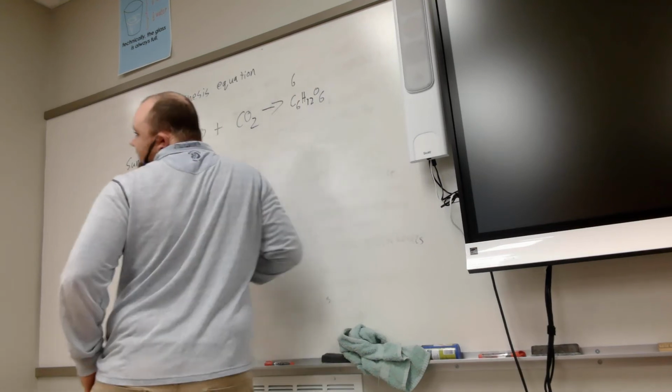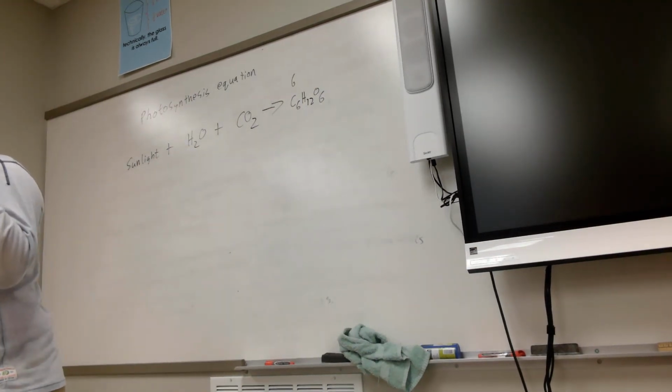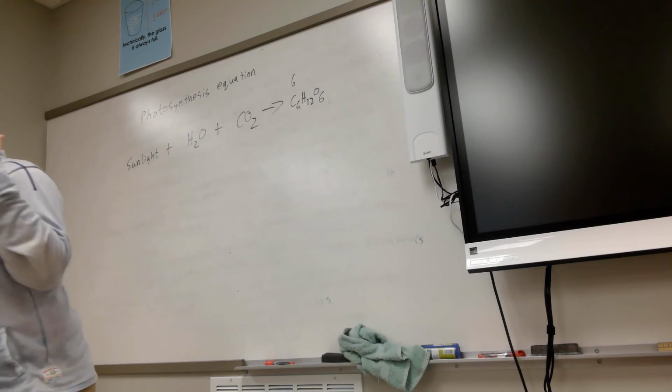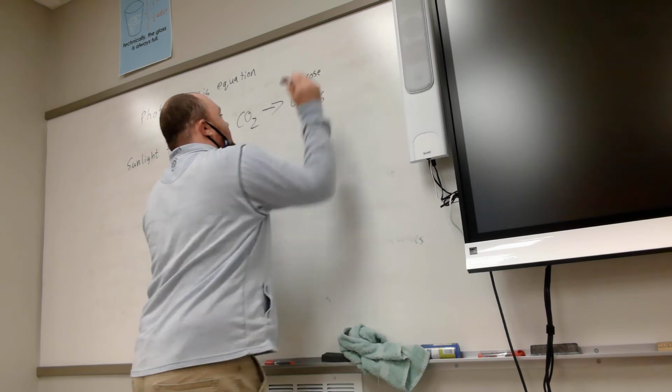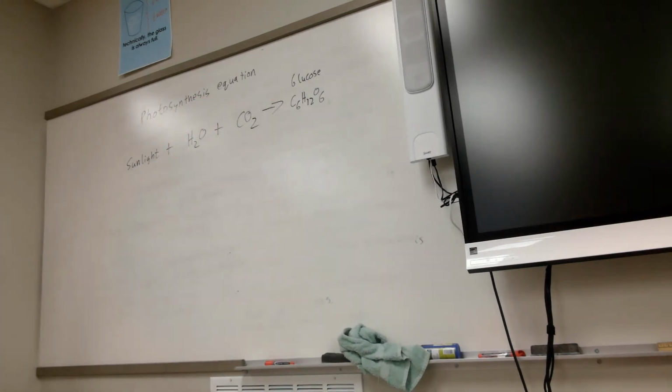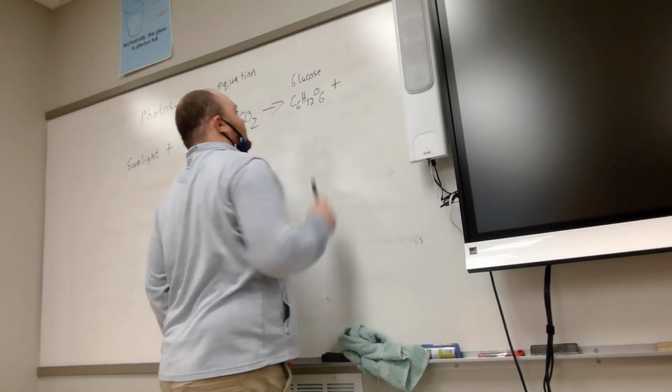You can write glucose above it, but you need to know that glucose is C6H12O6, because that's one of the few things that you're going to need to know. It's the most important sugar in the world. Pretty much everything runs off of glucose. Well, every organic thing runs off of glucose. Okay?